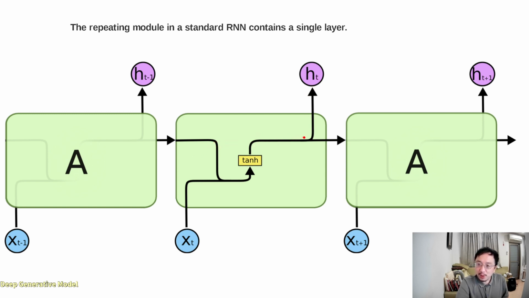If we wish to go back to xt minus 1, the path will be something like from here, and you can follow the red dot, and you go back here and go back here. So along this way, there are some parameters interacting with this input and doing some computations.